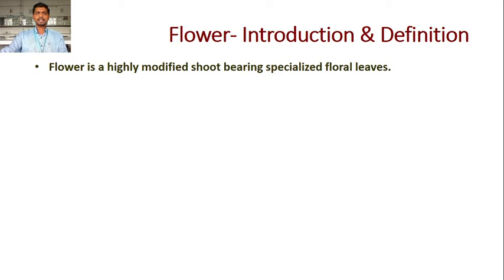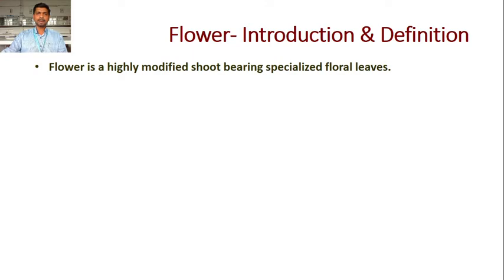So the plant, instead of producing leaves and lateral branches, starts to produce the flower. This is the switching from the vegetative phase to the reproductive phase of the plant. So the formation of the flower is the sign of the start of reproductive growth. So flower is a highly modified shoot bearing specialized floral leaves.